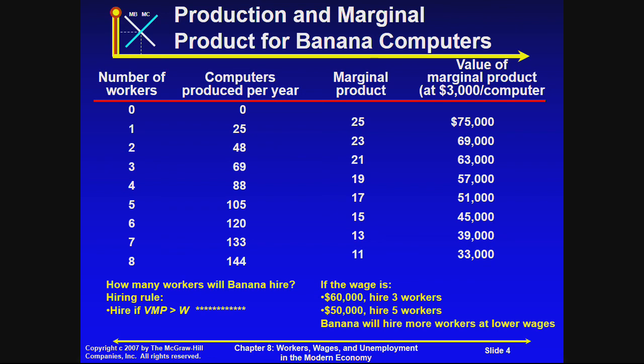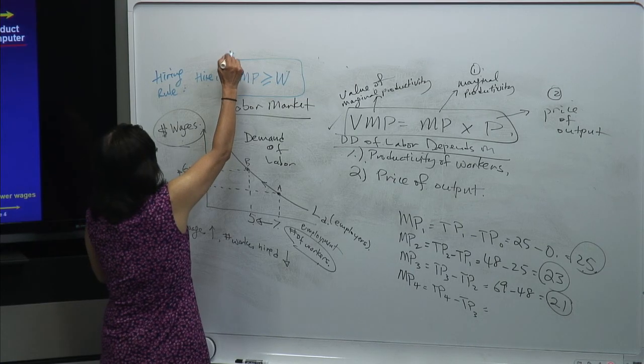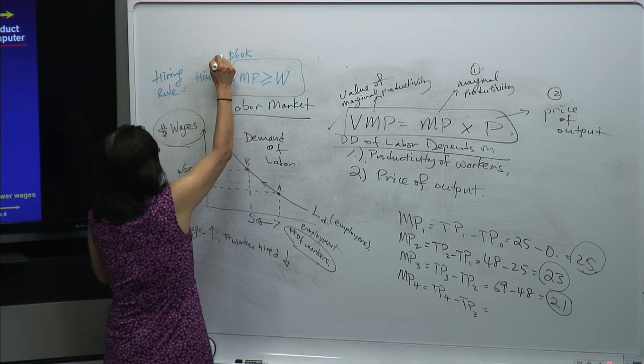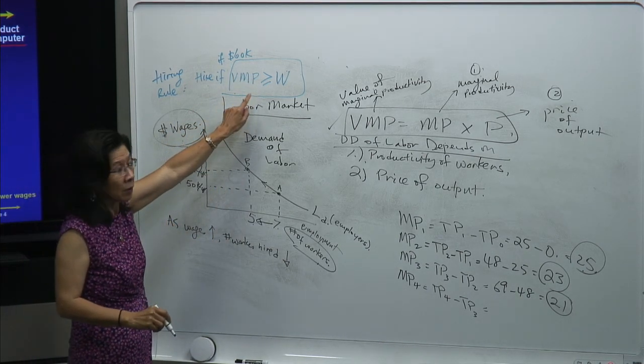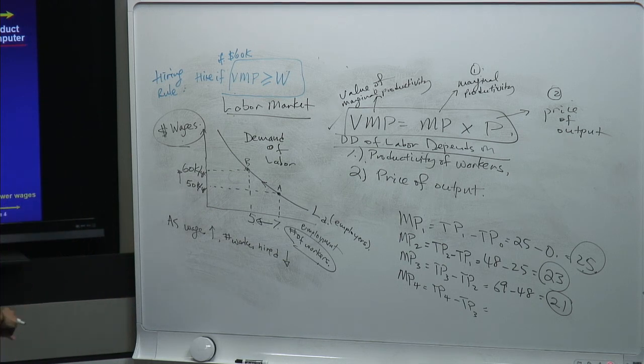So what you do is you say the wage, the W, is 60K. Let me go ahead and write this down. You want to make sure that it fulfills this rule, VMP must be greater than wages. So you look at all these numbers, is VMP greater than 60K?